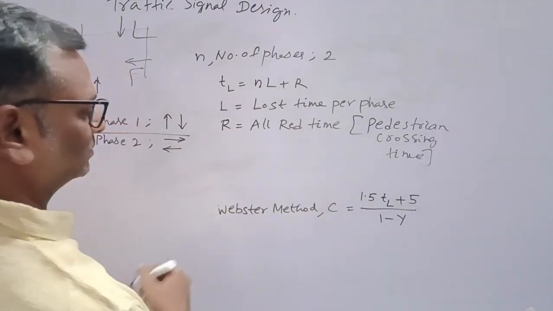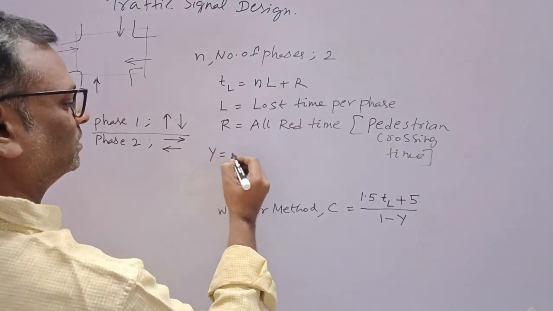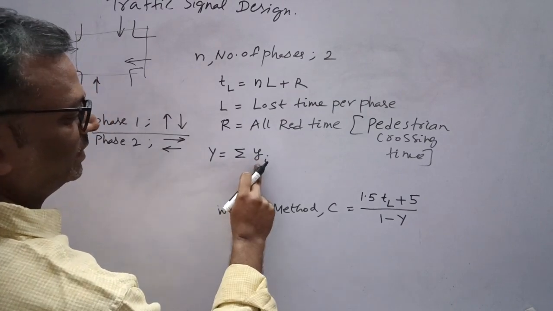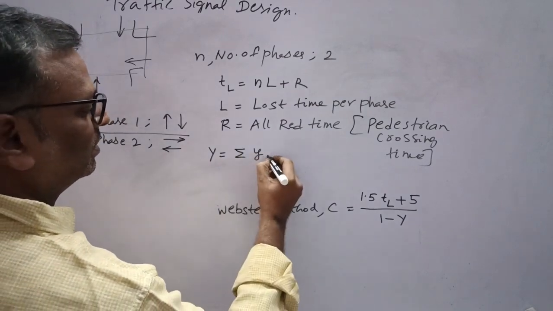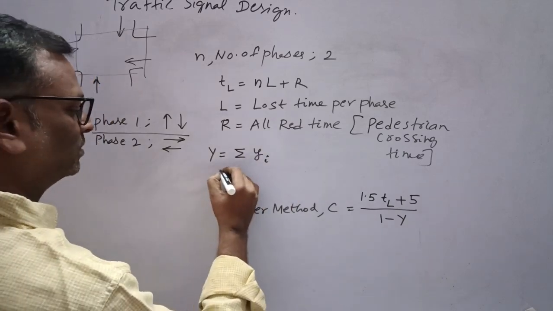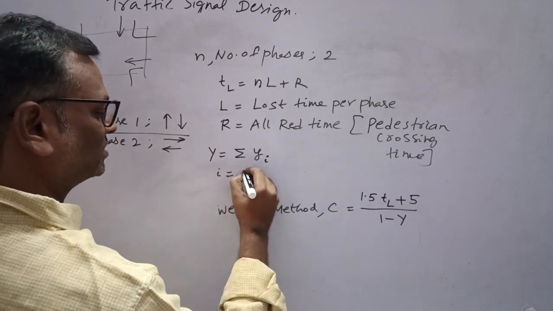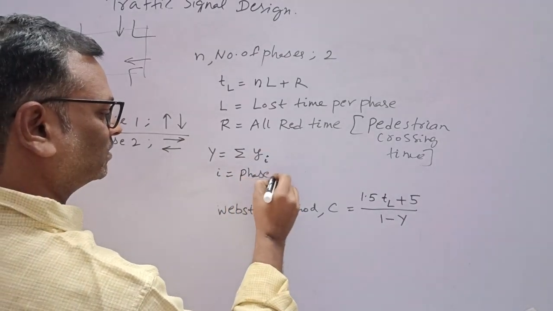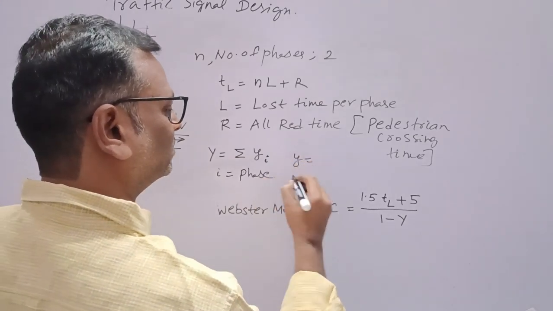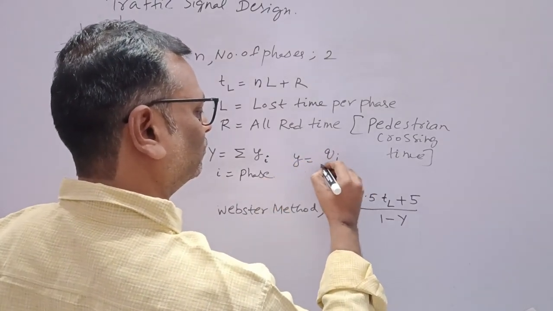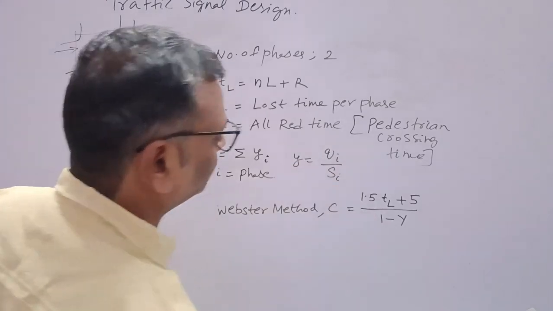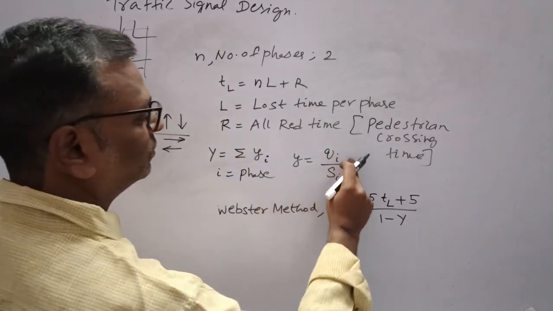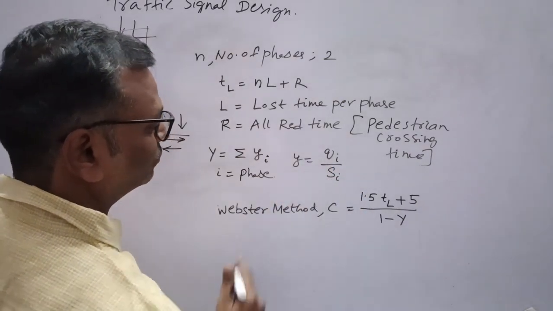And what is Y? Y is the sum of small y sub i. I is the phase number: first phase, second phase, third phase. I is the phase, and y is the ratio of flow of that phase to the saturation flow.